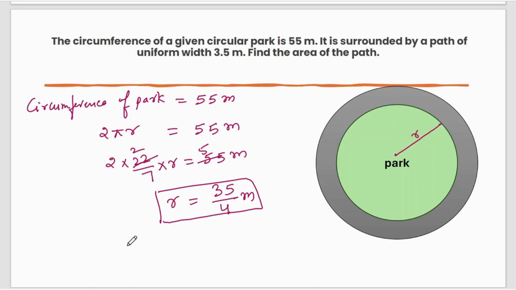Now they have given me the data of uniform width also. They have told that this is W and this is given as 3.5 meter. So we can write that capital R, that means radius of the outer circle, can be written as the radius of inner circle plus width of the path.